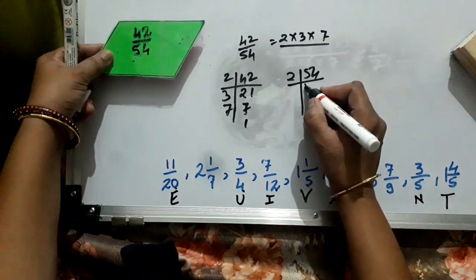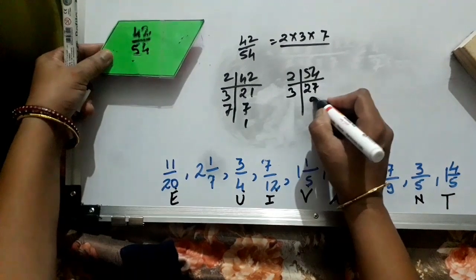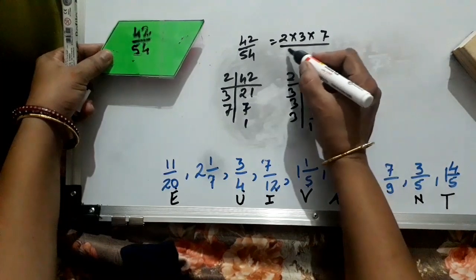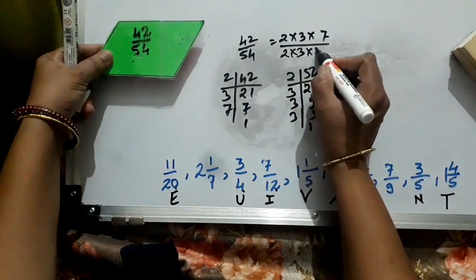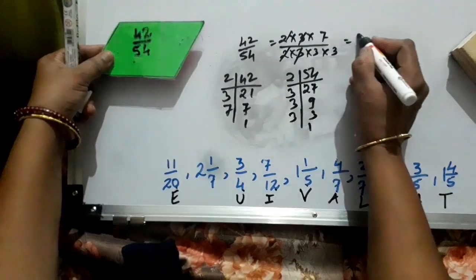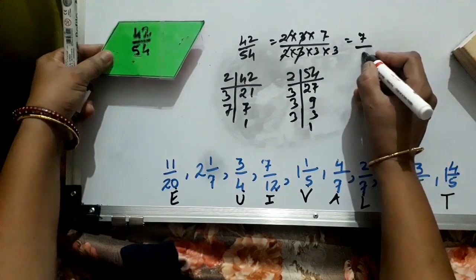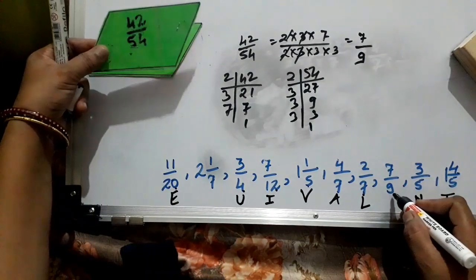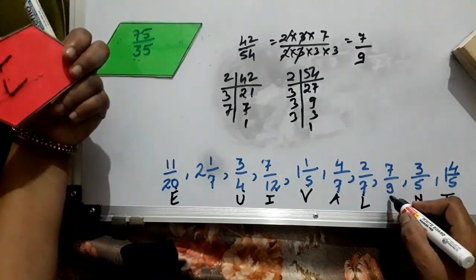When you divide it, you will have 27. 3 9s are 27, 3 3s are 9, 3 1s are 3. So here you have 2 into 3 into 3 into 3. So these are the common factors. So here you have 7 upon 9. Then 7 upon 9 is here, and the letter is E.